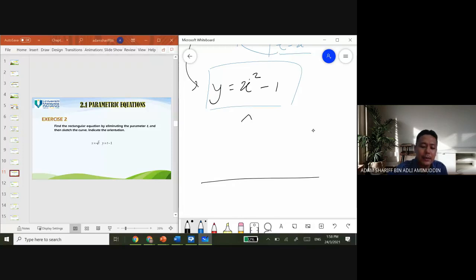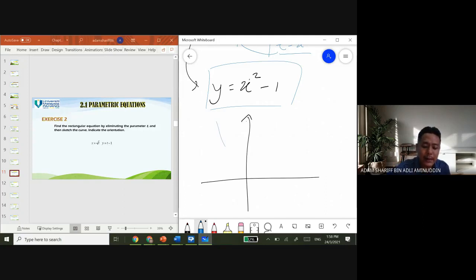Okay, this might be quite random. Based on your experience from basic mathematics and secondary school, you know this is a quadratic equation with a U shape and it intercepts at -1.